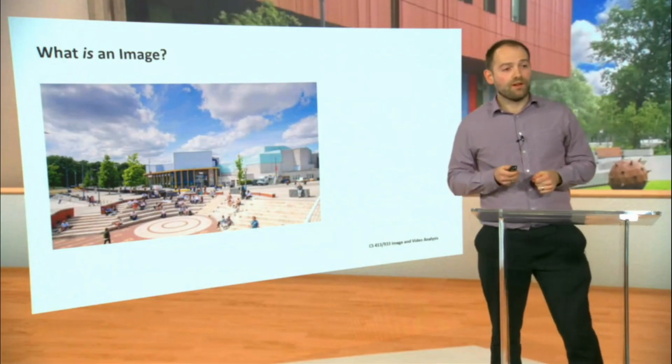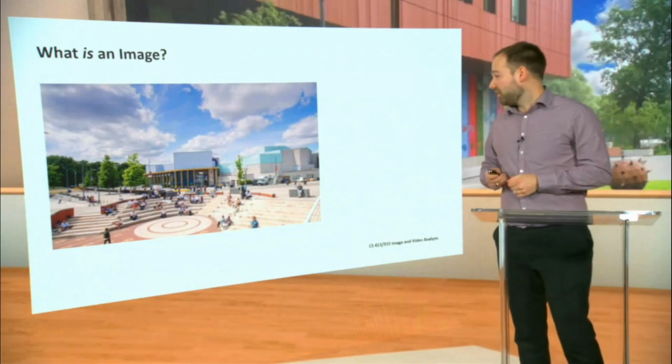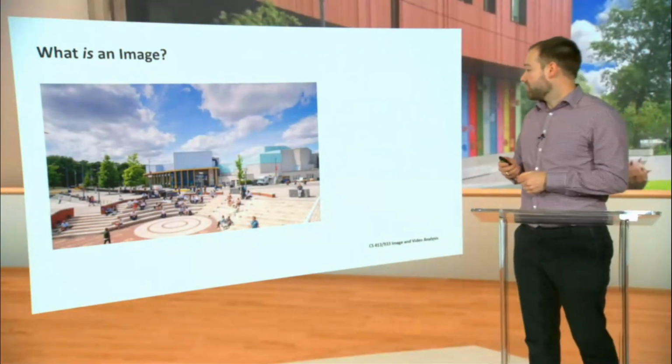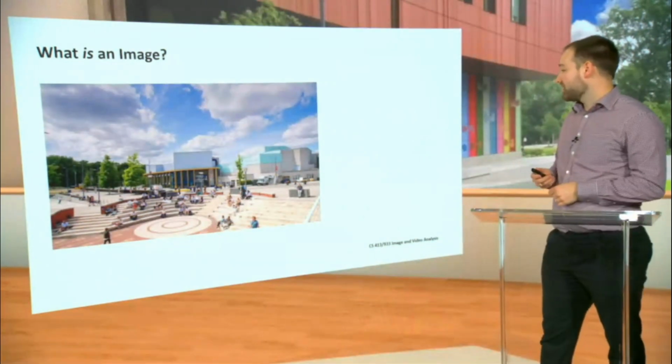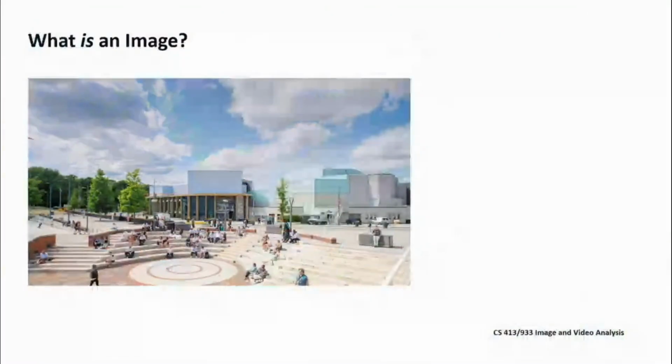But first of all, we're going to start by discussing what is an image. And what you see here is a lovely sunny day, as it always is at Warwick. And this is our piazza. You can see lots of people milling around. And your brain, which is this sort of marvel of billions of biological neural networks, managed to process this instantaneously and subconsciously, so you can recognize these objects, people, places instantly.